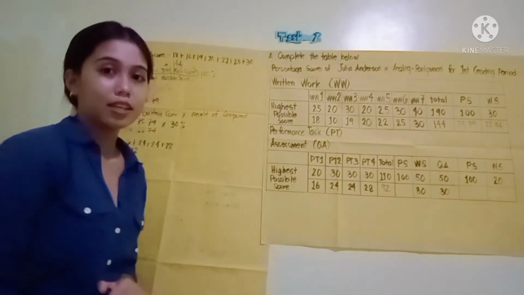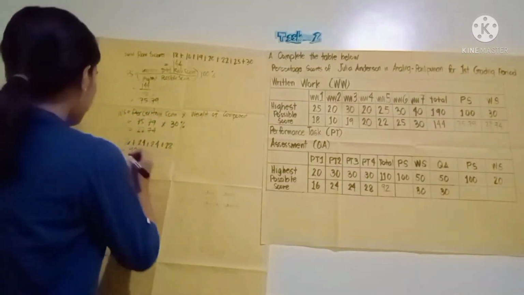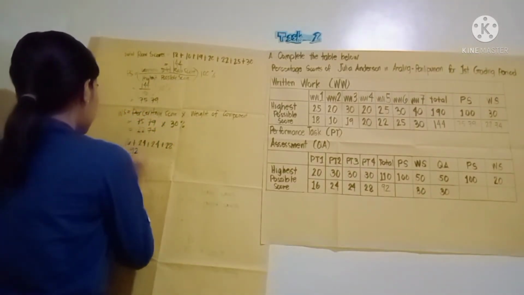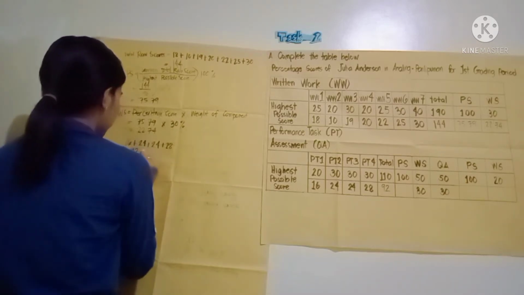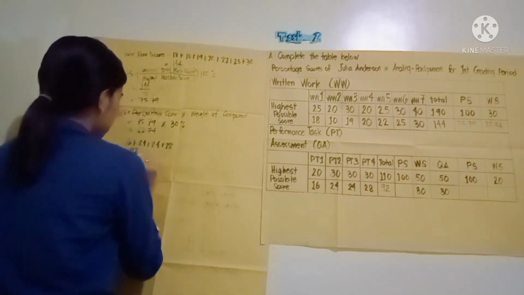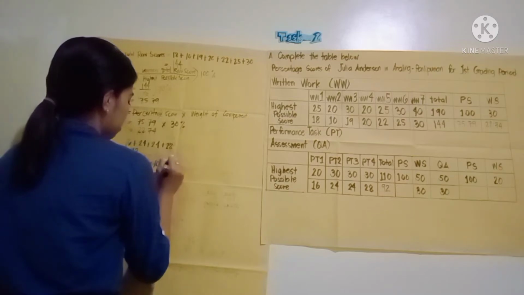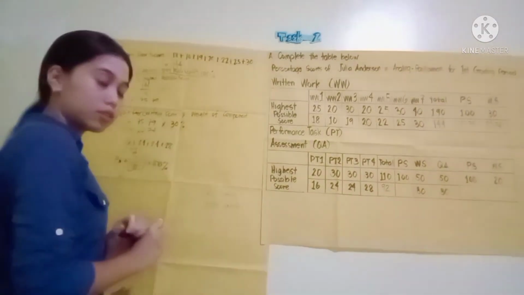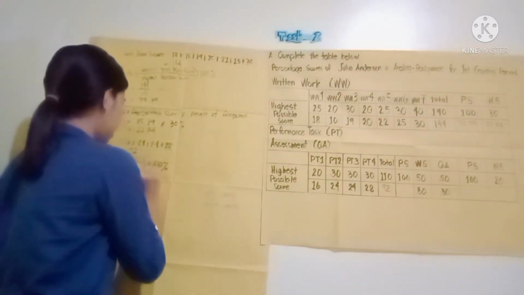So next is getting the percentage score. And getting the percentage score, PS equals 92 over 110, which is the highest possible score, times 100% is equals to 83.64.